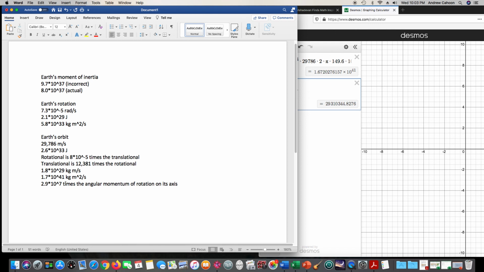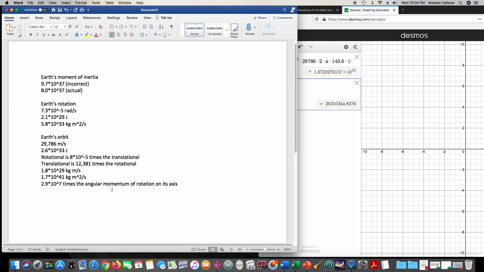All right, so what would this be? This would be 29 million times bigger. So it actually has 29 million times more angular momentum in its orbit around the sun than it does spinning on its axis.